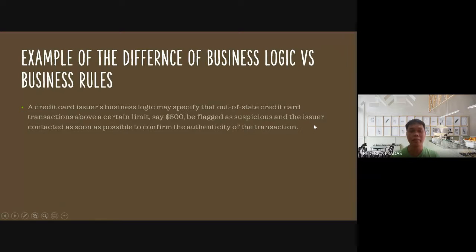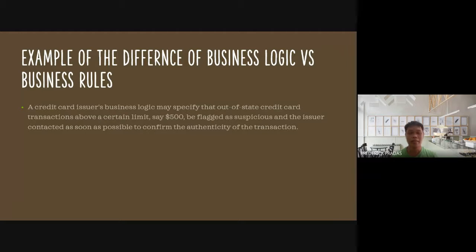Now, how about the examples? The example of the difference of business logic versus business rules. A credit card issuer's business rule may specify that an out-of-state credit card transaction above a certain limit, say $500, may be flagged as suspicious and the issuer contacted as soon as possible to confirm the authenticity of the transaction.